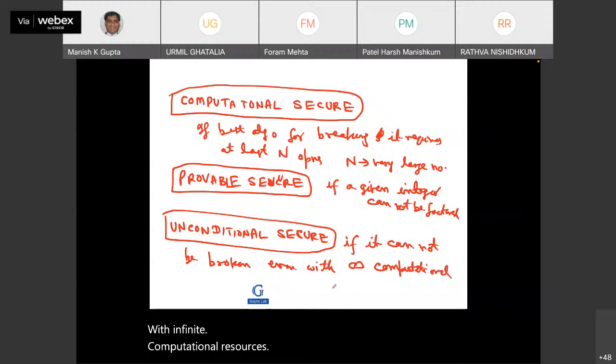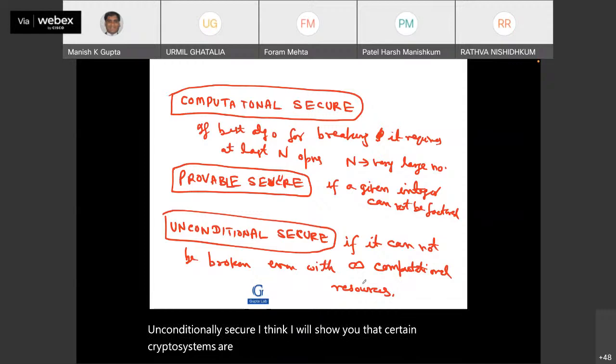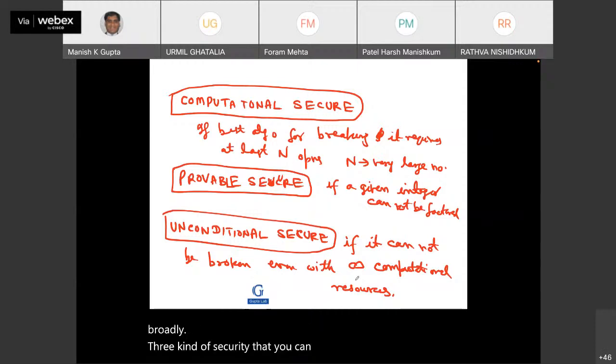Certainly it will be very good. I will show you later on that certain crypto systems are unconditionally secure. So these are broadly the three kinds of security you can talk about for a crypto system.